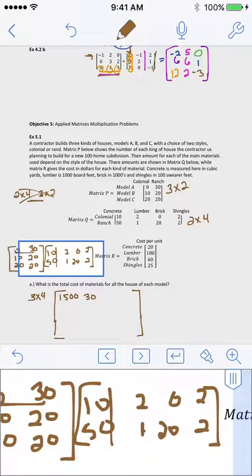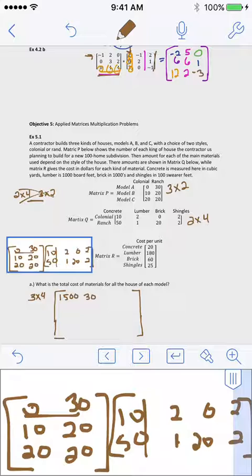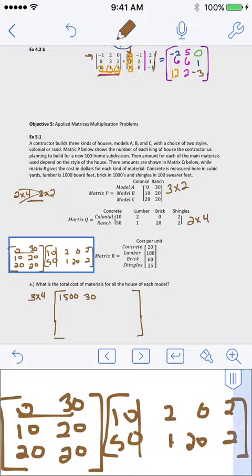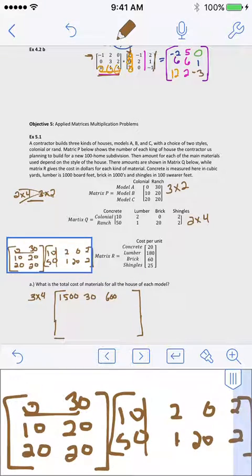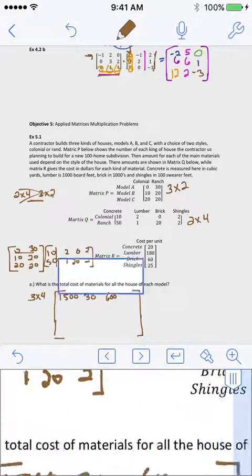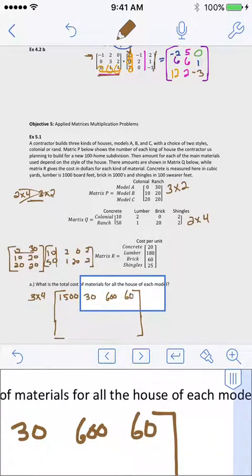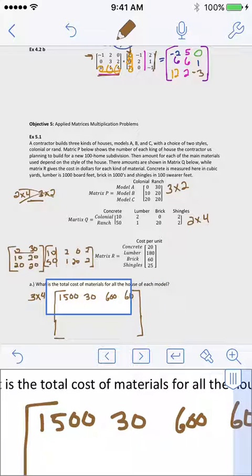First row by third column, 0 times 0 plus 20 times 30, the third one's going to be 600. 0 times 2 plus 30 times 2, the last one's going to be 60. All right. So that was the first row times every single column.